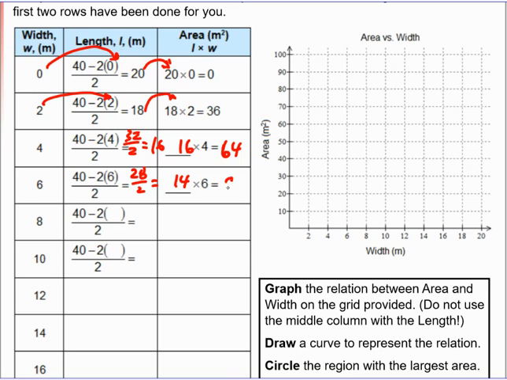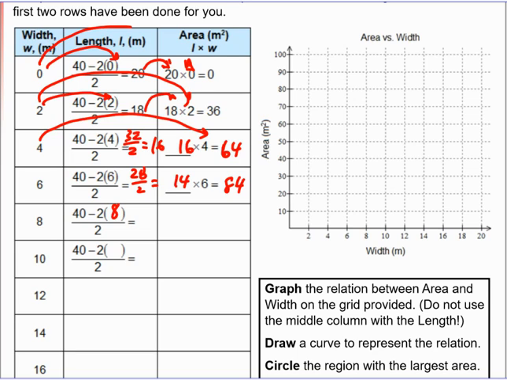So notice what we're doing here. The 0 here is the 0 that's there also. The 2 that's here is the 2 that's there. So notice that these numbers are coming in here also, because that's our width. And we're figuring out our length on this column.